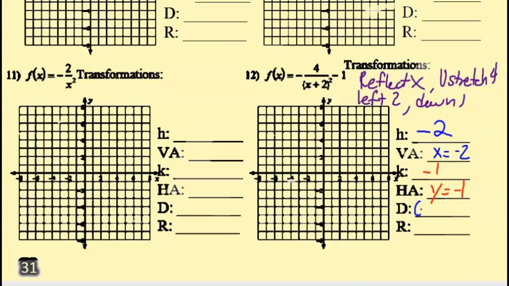Your domain is going to be from negative infinity to negative 2, union negative 2 to infinity. Now the range, since it had reflection, it's going to be from negative infinity to k.